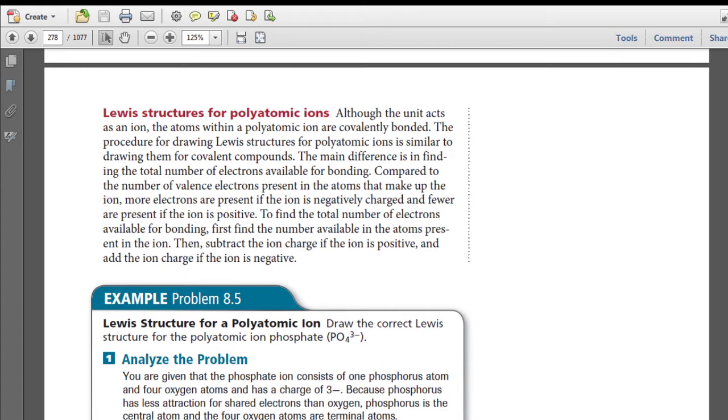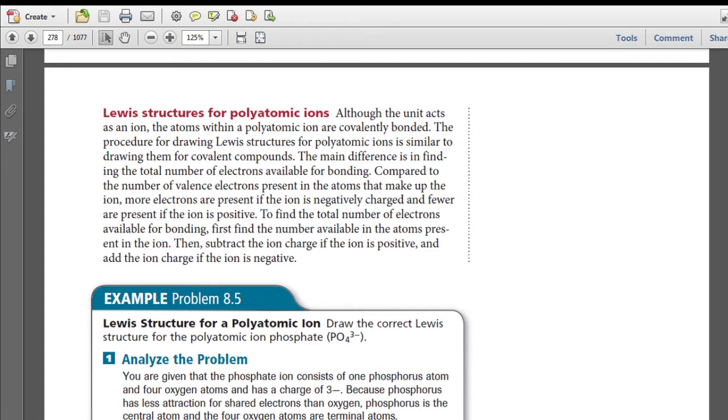The procedure for drawing Lewis structures for polyatomics is similar to that of drawing for covalent compounds. The main difference is in finding the total number of electrons for bonding. Compared to the number of valence electrons present in the atoms that make up the ion, more electrons are present if the ion is negatively charged, and fewer are present if the ion is positively charged.